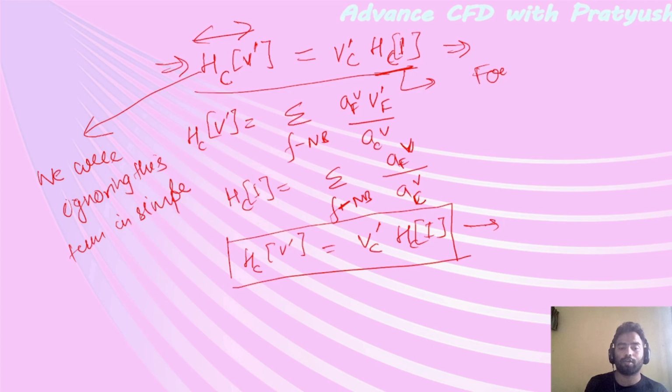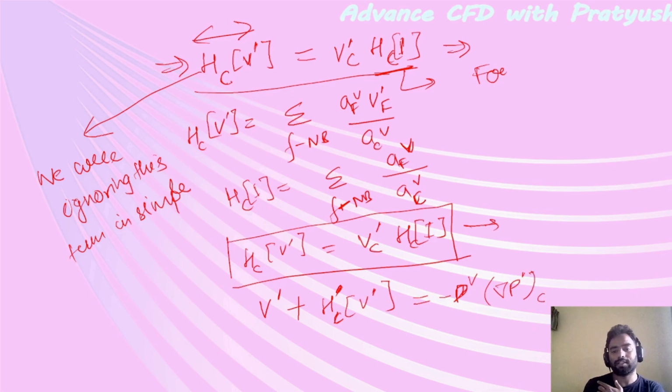Okay, so recall our equations. The corrector terms were like that: V dash plus H dash into V dash, so this will be modified. HCV dash equal to minus D into del P dash.